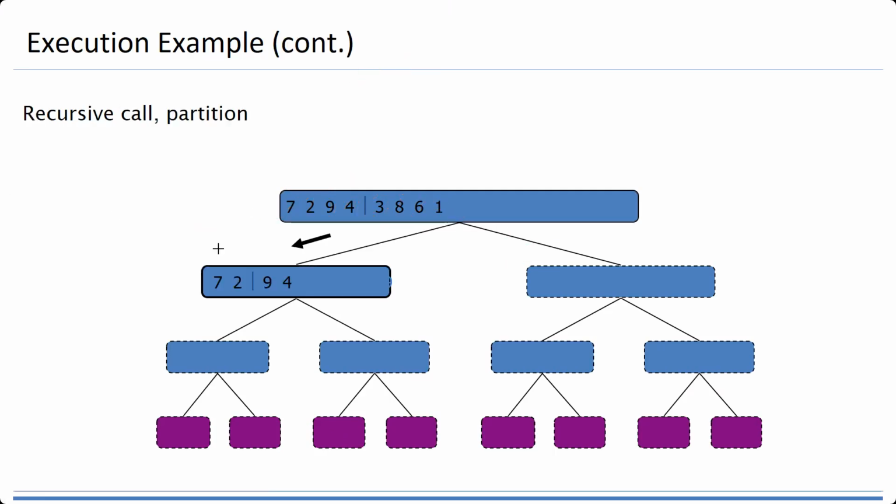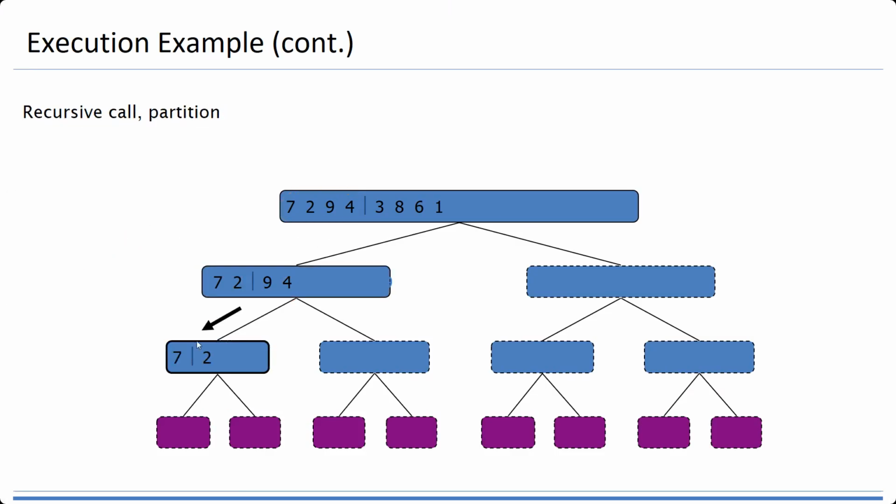Then we have 7, 2, 9, 4. Now n equals 4. Again, we need to divide into 2. So n divided by 2 means we have 2. So we have 2 elements and 2 elements.